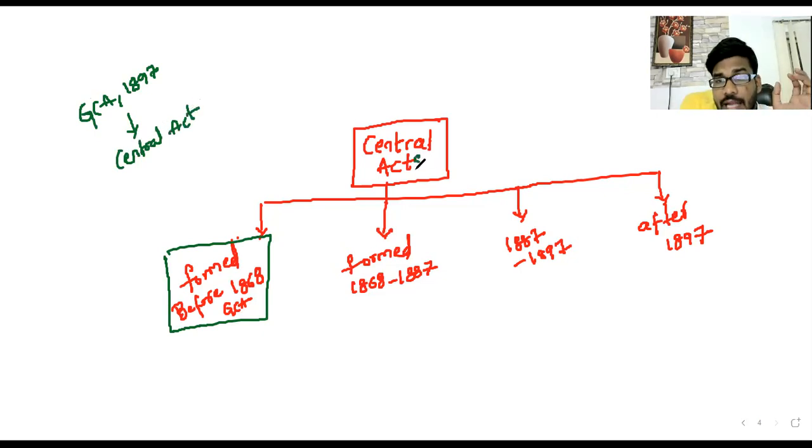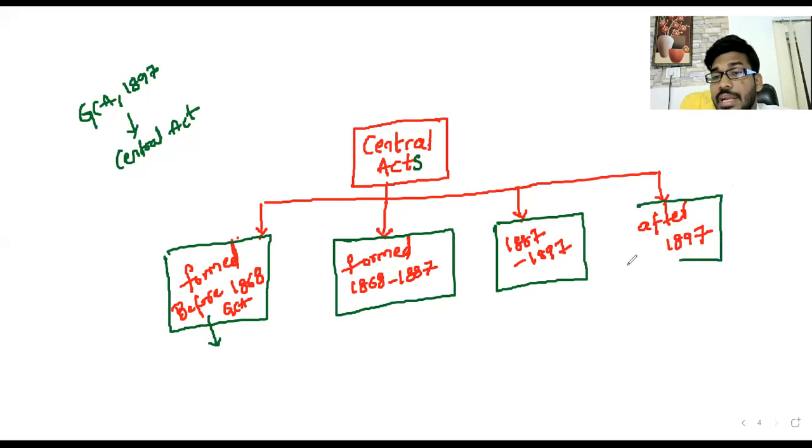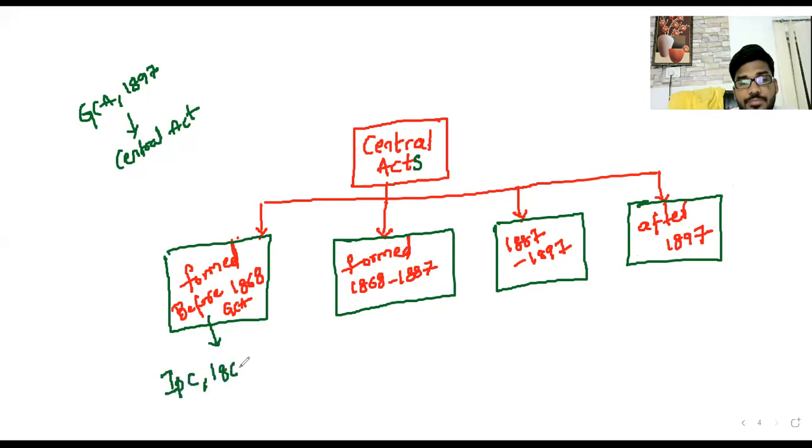But Central Acts are formed before 1868, between 1868 and 1887, between 1887 and 1897, and after 1897. The best example of a Central Act formed before 1868 is nothing but the Indian Penal Code 1860.